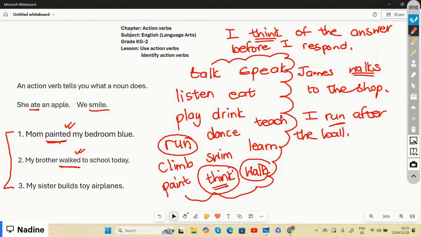All right. And if we were to identify the action verb that tells us what my sister does, we can say builds is something that tells us what my sister does.